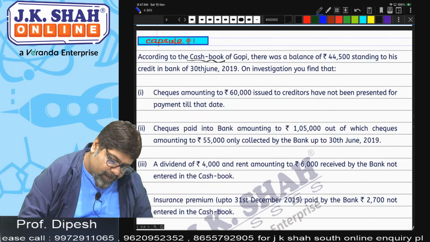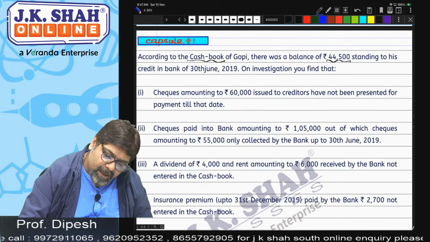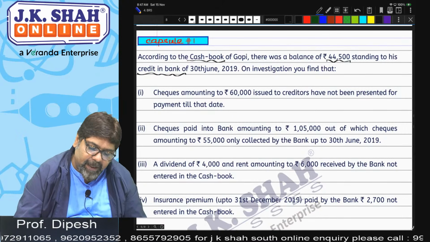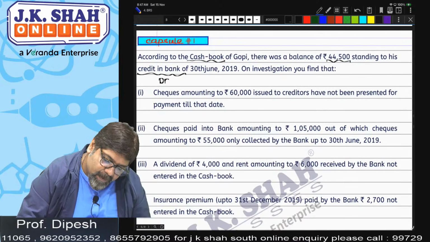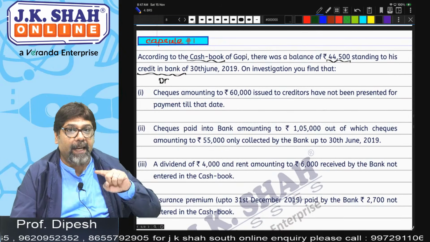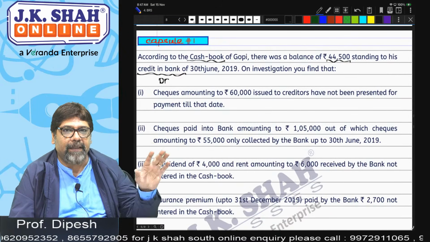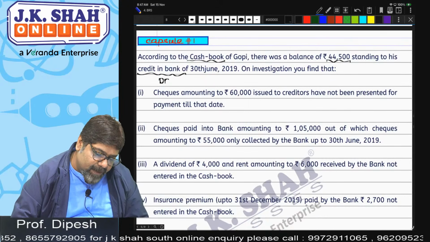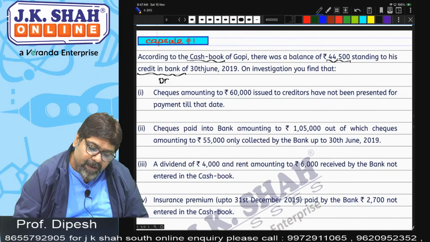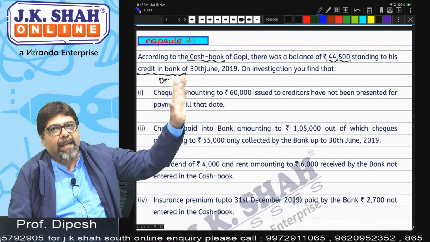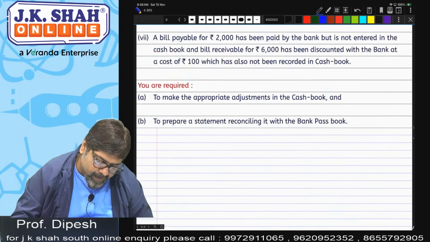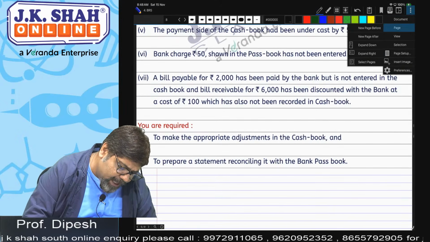Credit in bank means this is credit in the passbook. So in our cash book it is a debit balance. So the bank is showing a credit balance, and for the cash book it is a debit balance. Yes or no? Yes, sir.